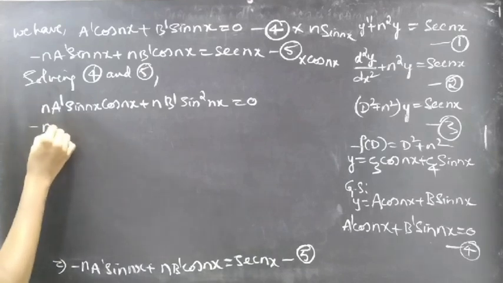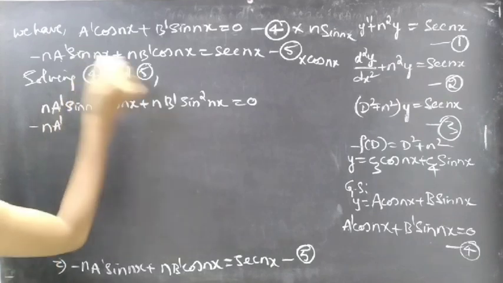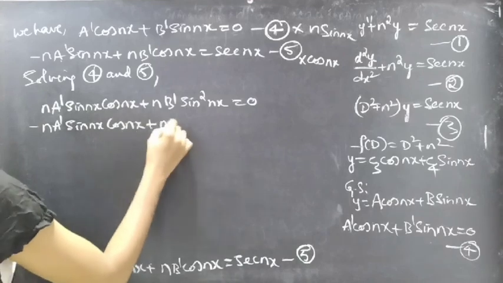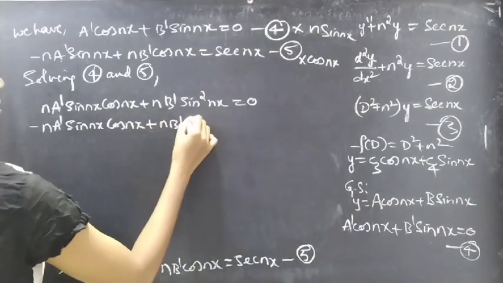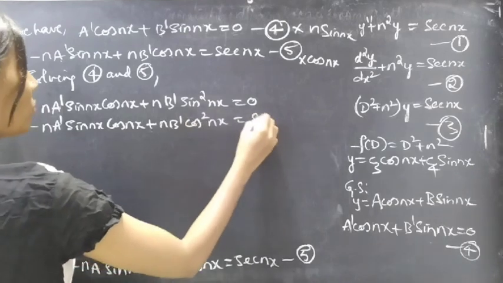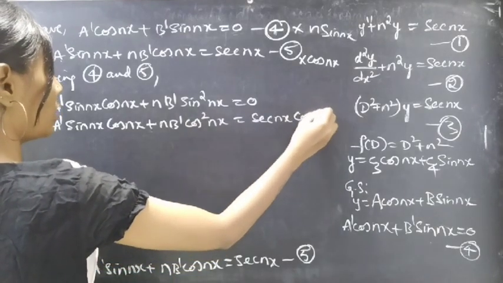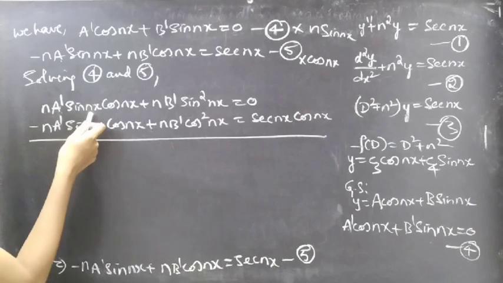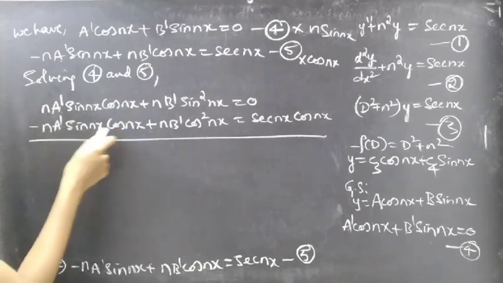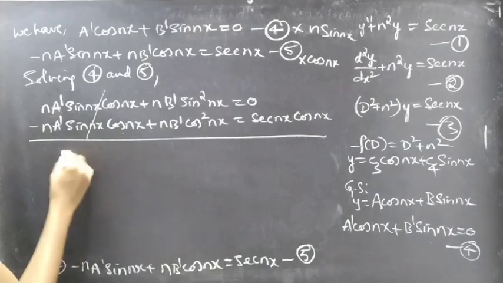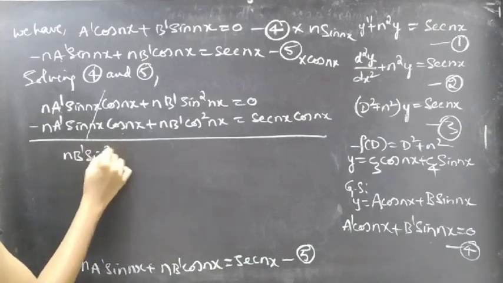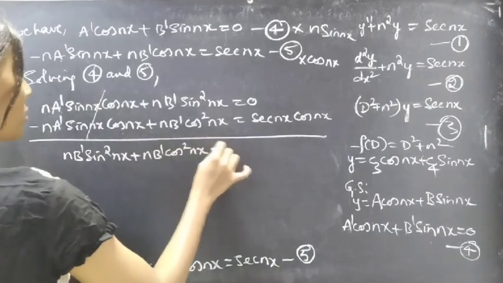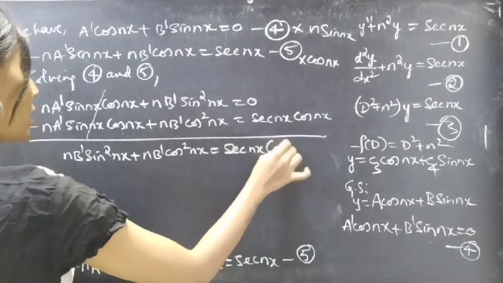We'll get minus n a dash sin nx into cos nx plus n b dash cos nx into cos nx, which is cos square nx, equal to secant nx into cos nx. This gives us plus n a dash sin nx cos nx and minus n a dash sin nx cos nx get cancelled, and we'll get n b dash sin square nx plus n b dash cos square nx equal to secant nx into cos nx.